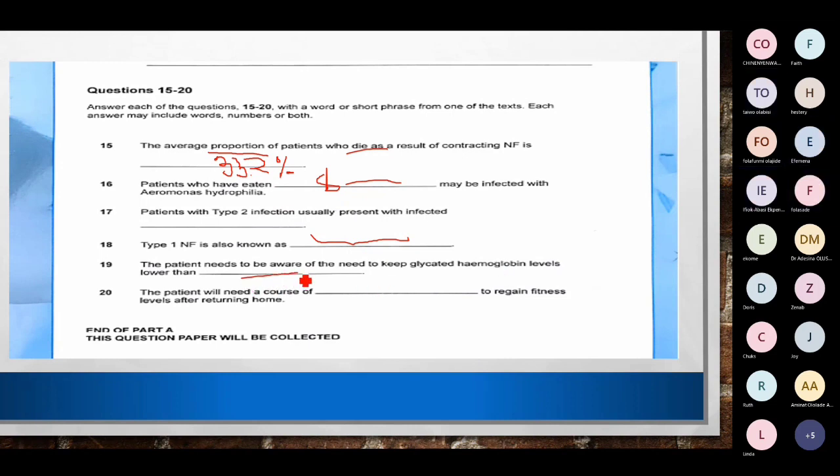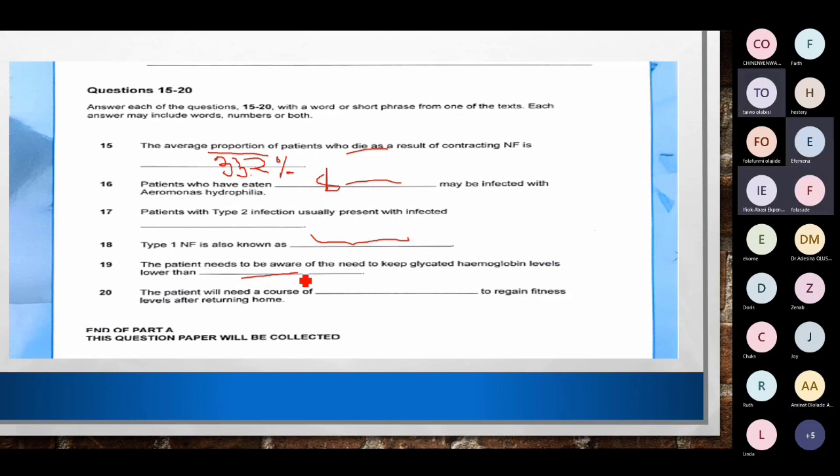Now, number 20 says the patient will need a course of dash to regain fitness levels after returning home, right? That talks about when the patient takes what? Discharge. It should be Discharge, Text D, right?